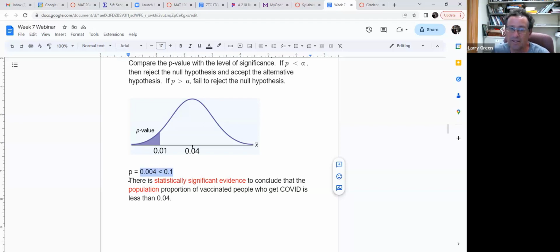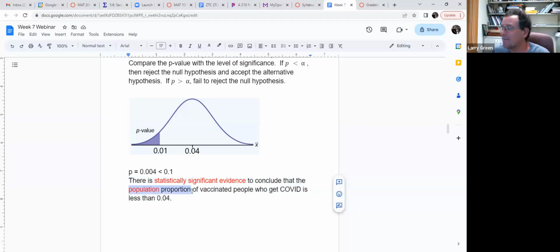And here's the wording. The wording is, there is statistically significant evidence. Those words have to be there. There is statistically significant evidence, absolutely necessary, to conclude that the population proportion.